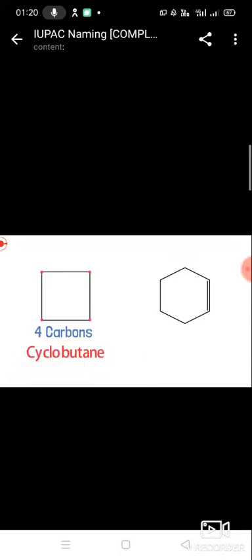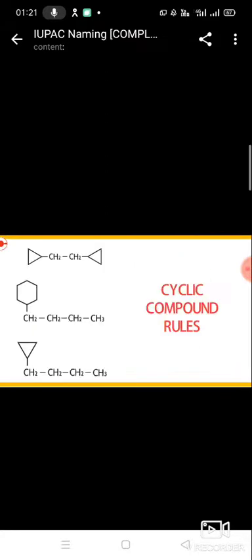So cyclobutane. Next, 6 carbon atoms are present, so cyclohexane. Why is it cyclohexane? 6 carbon atoms are present.